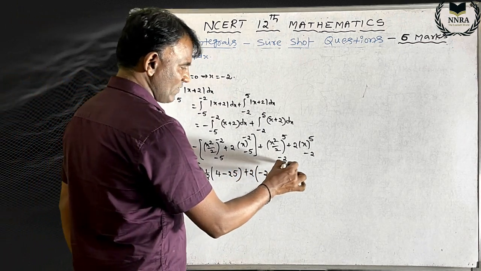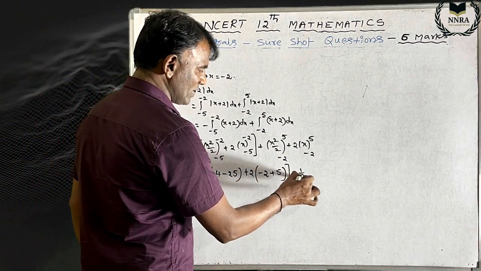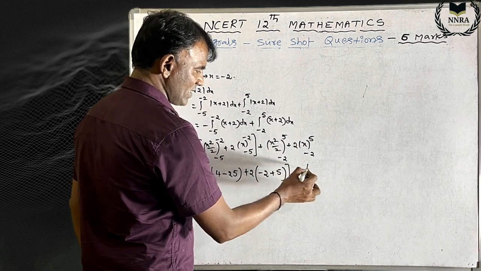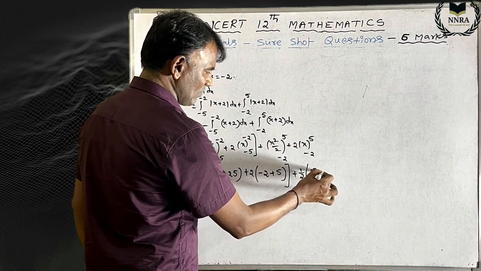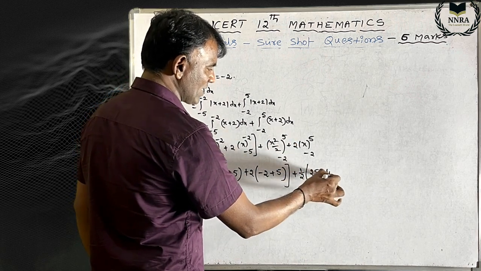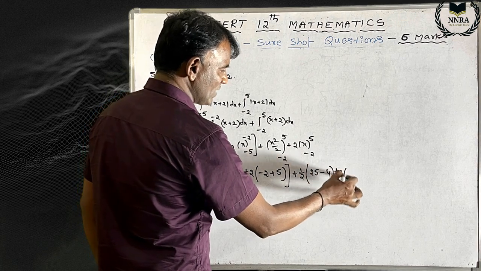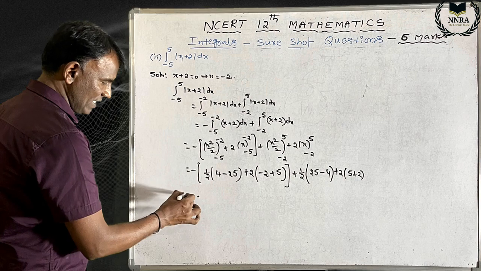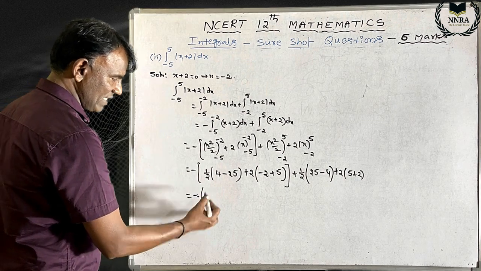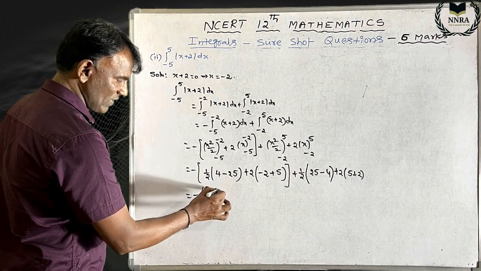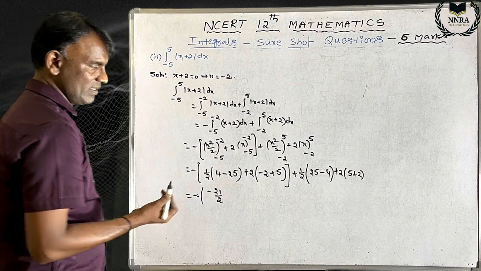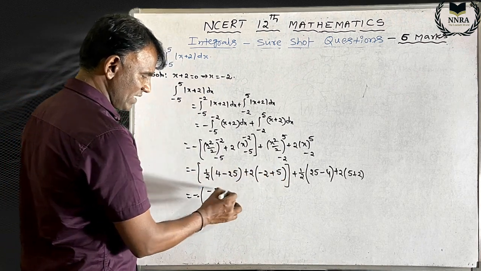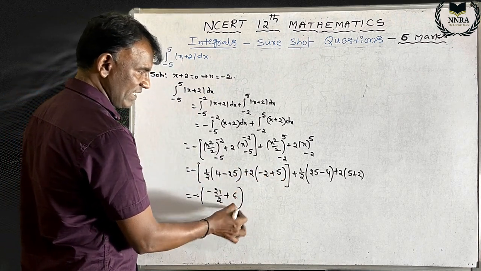Then coming to second one, so 1 by 2 into, x square means 5 square 25, minus again minus 2 whole square 4, then 2 into 5 minus of minus 2, 5 plus 2. So here minus of, how much it is? Minus 21 divided by 2. And 5 minus 2, 3 into 2 is 6. This is the first value.